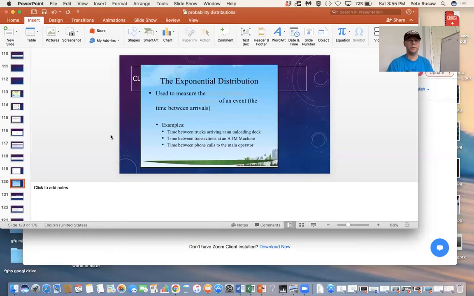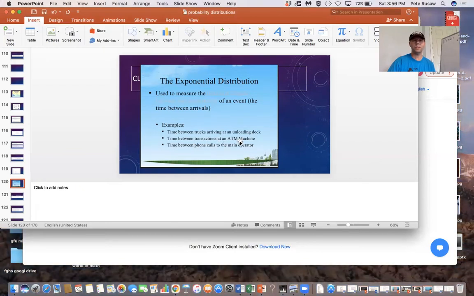The exponential distribution, which again is the gamma distribution with alpha equal to 1, is used in several applications. Here are some: the time between trucks arriving at an unloading dock, the time between transactions at an ATM machine, the time between phone calls to the main operator. What you're seeing is the measurement, the random variable, would be time.